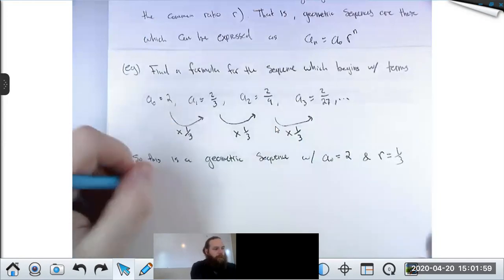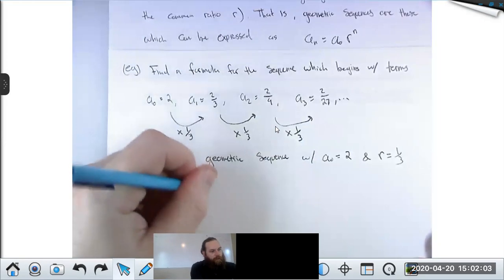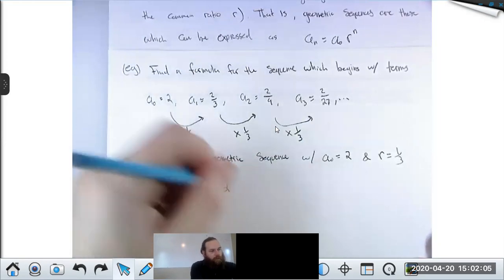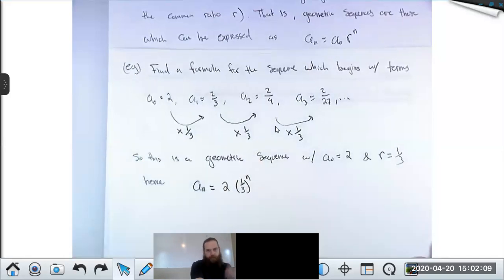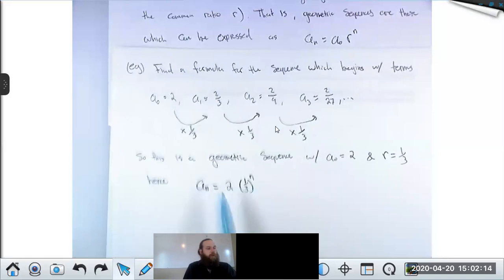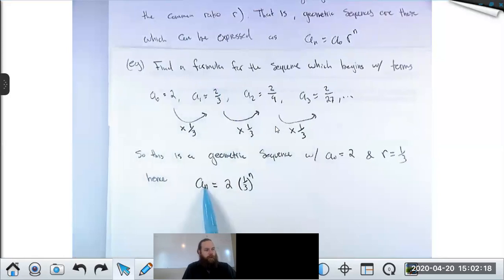So finally, our formula is two times 1/3 to the n. And you see, if you plug in n equals 0, you get 2. If you plug in n equals 1, you get 2 times 1/3, which is 2/3. If you plug in n equals 2, you get 2 times 1/9, which is 2/9. So the formula works well.